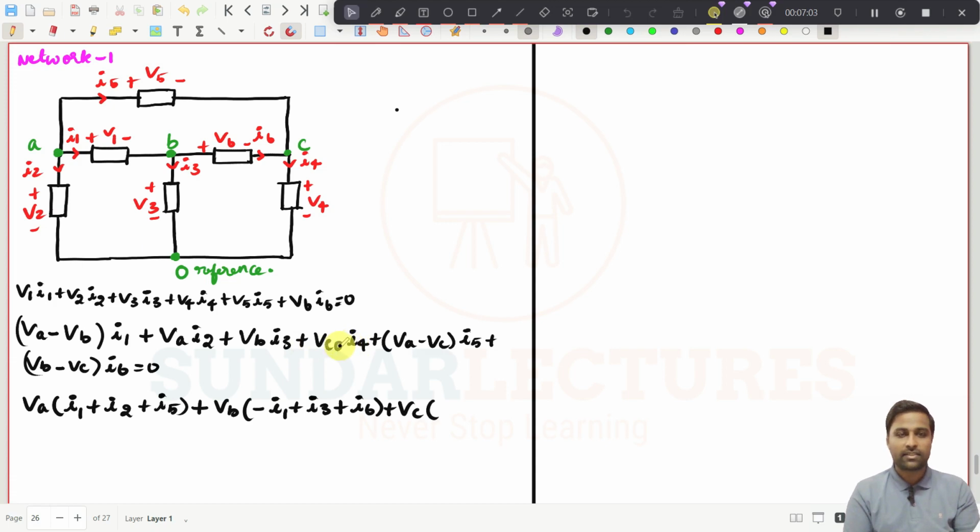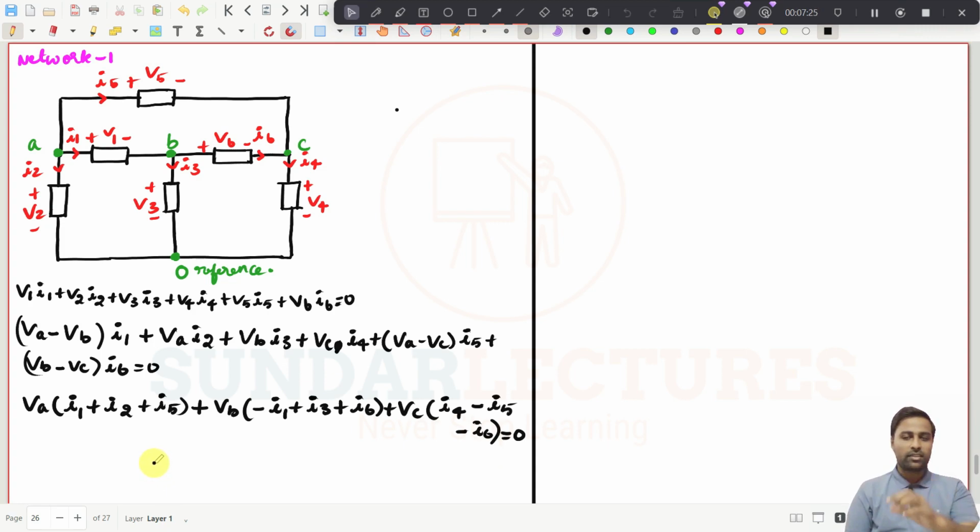I have written it as VCO, but you can write it as VC to simplify. The whole expression should be equal to 0.